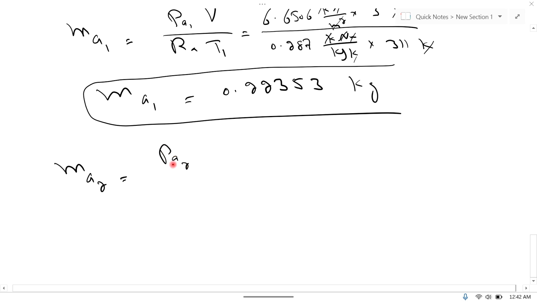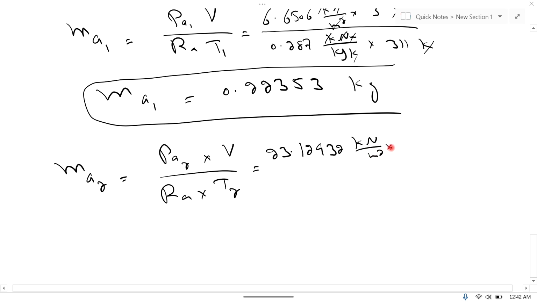Now MA2 is equal to PA2, pressure of air finally, multiplied by total volume, divided by R of air multiplied by T2. So pressure of air finally is 23.12932 kilopascal. So kilo and pascal is equal to Newton per square meter. Volume is 3 cubic meter, divided by RA, which is 0.287 kilojoule.